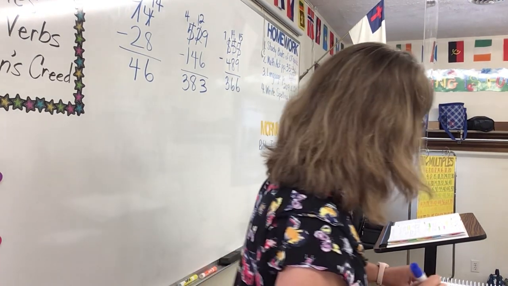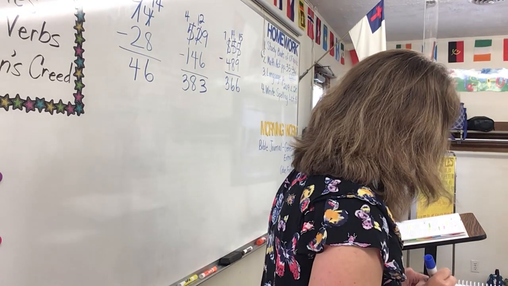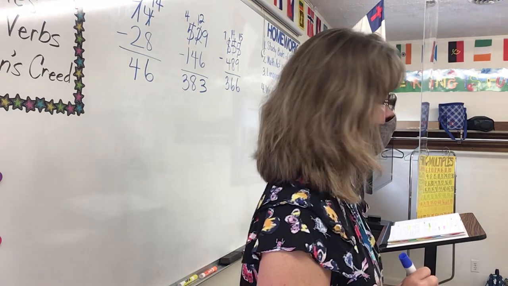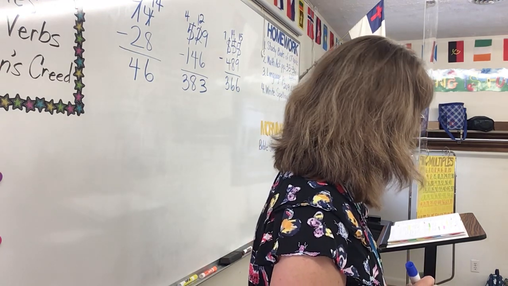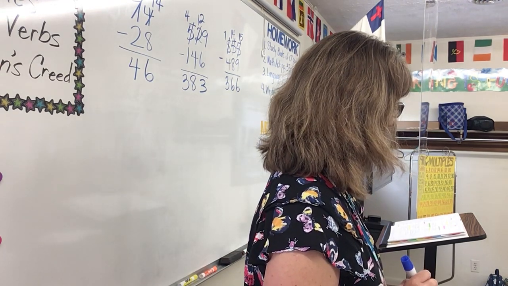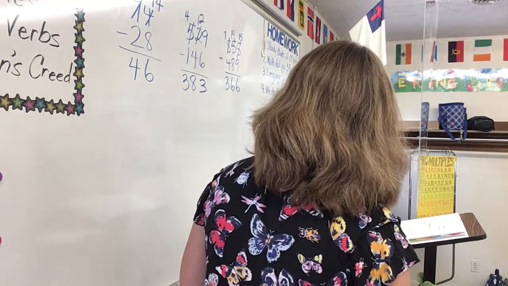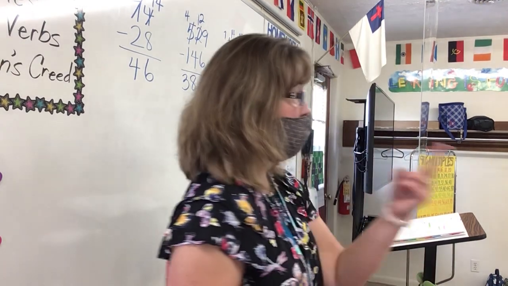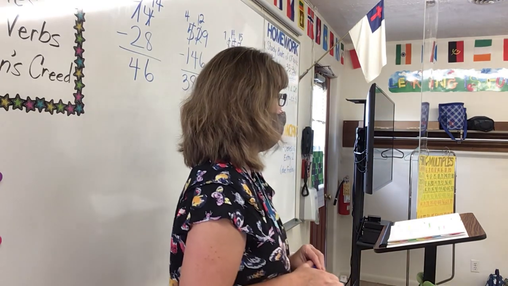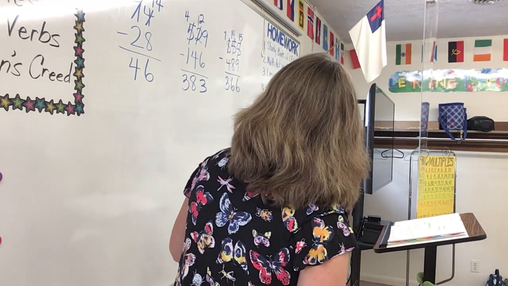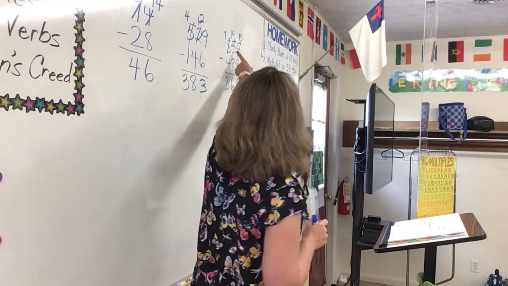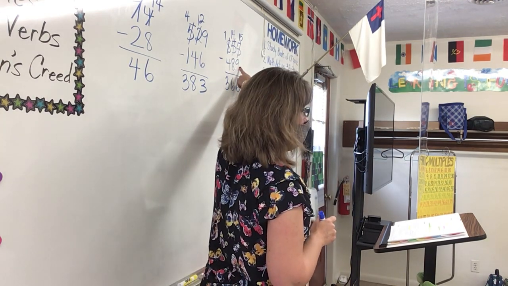Okay. Yes, sir. Oh, I was going to ask, you don't have enough for 5 minus 8. You're right. So we had to borrow twice in that problem. But why did you borrow from the tens? I had to borrow from the tens for my ones.